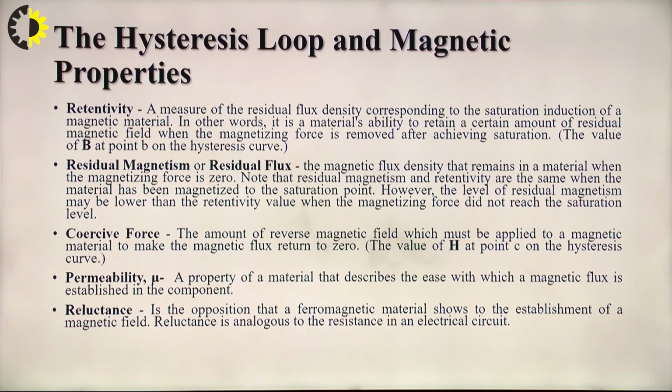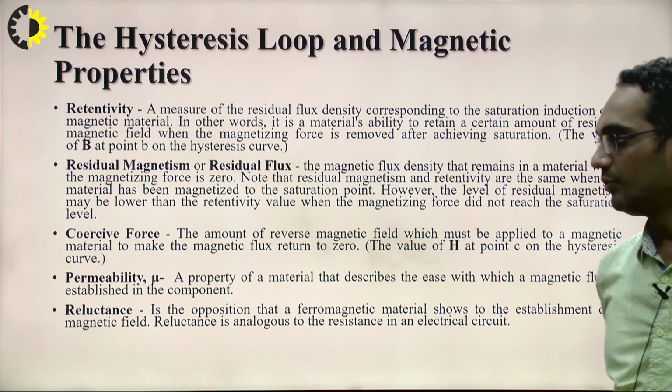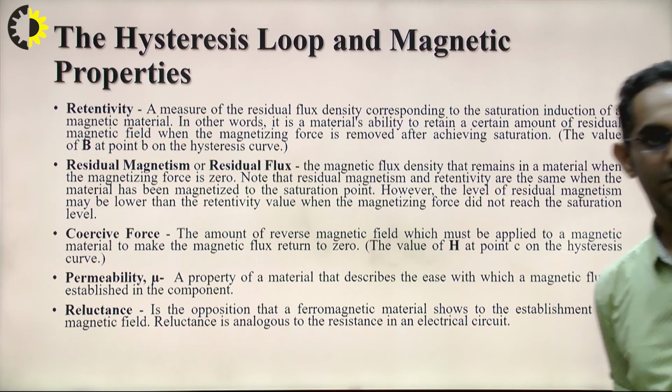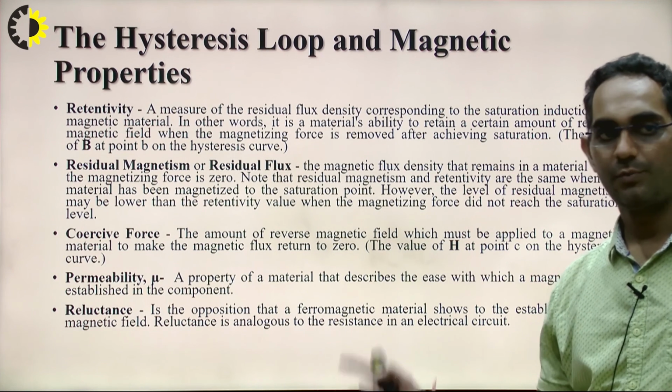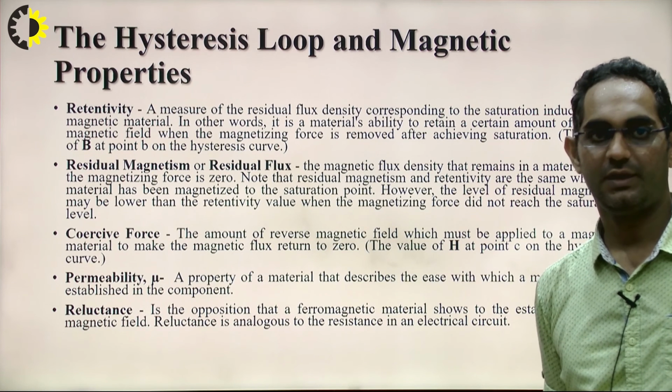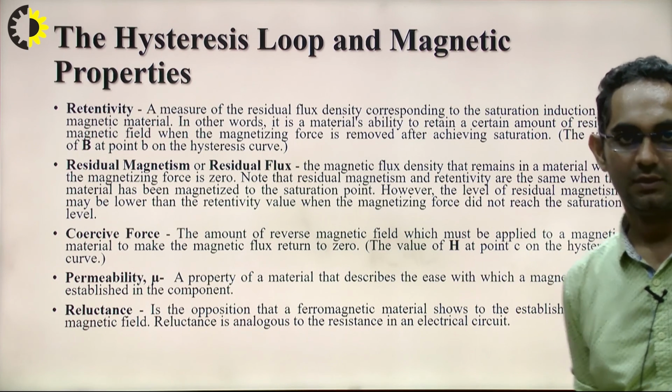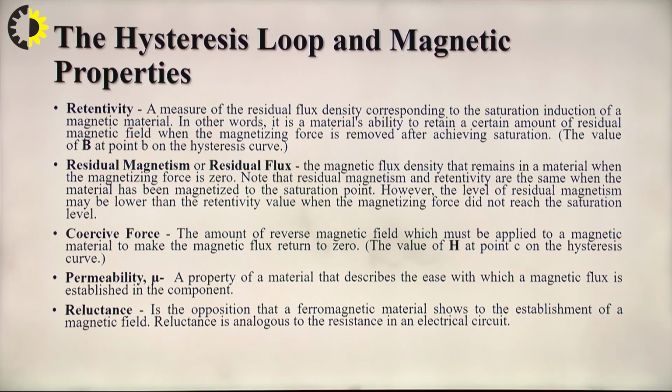Next is the permeability, mu. Mu is permeability, an important property of a material that describes the ease with which a magnetic flux is established in the component.